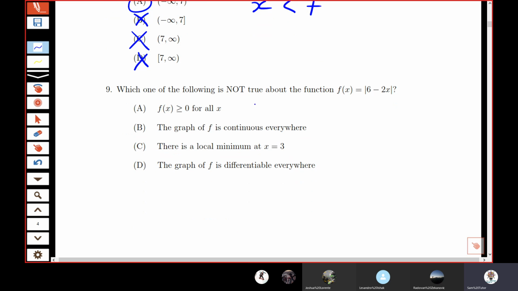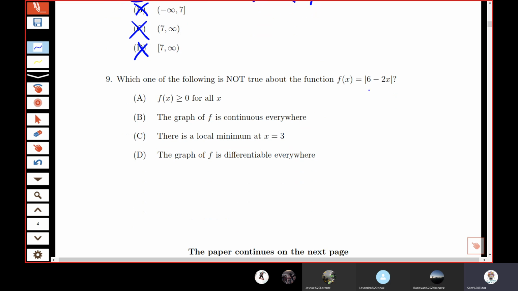Nine. Which one of the following is not true about this function? Okay, which one is not true? I think I know my answer. I would like to check theirs. D? It is D. Why?